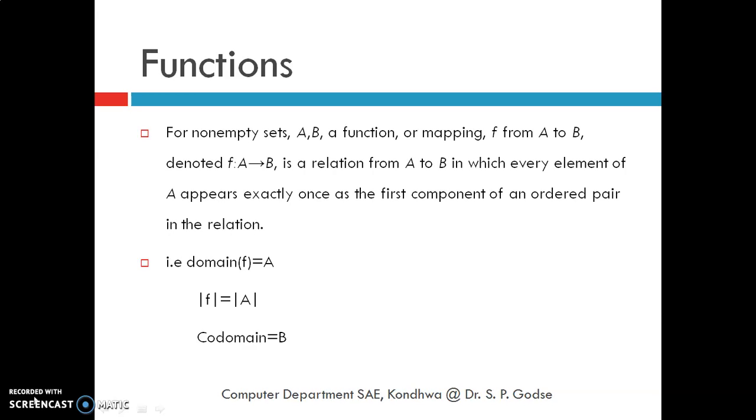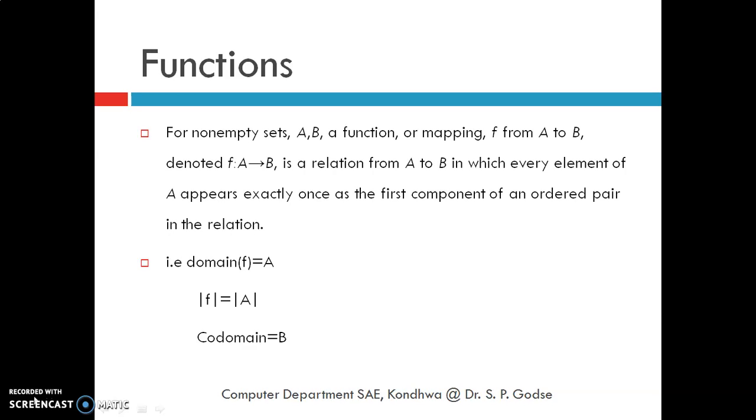So in a relation which is a function, the first element of the ordered pair will be the element x from set A, and the second element is nothing but the actual output after putting the value of x into the function.